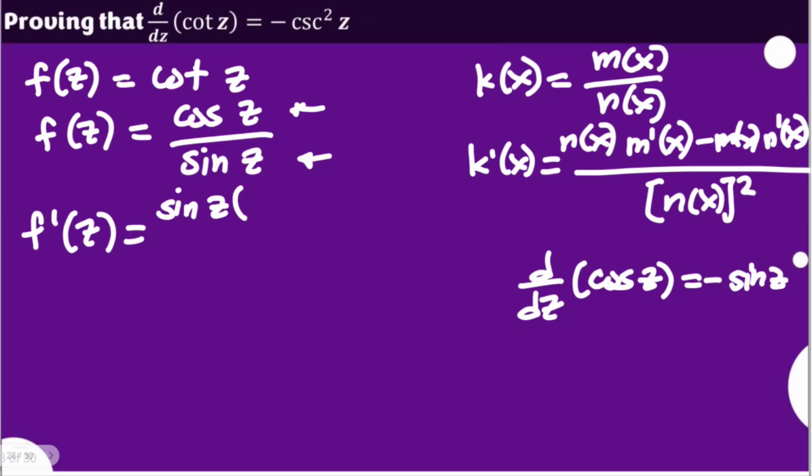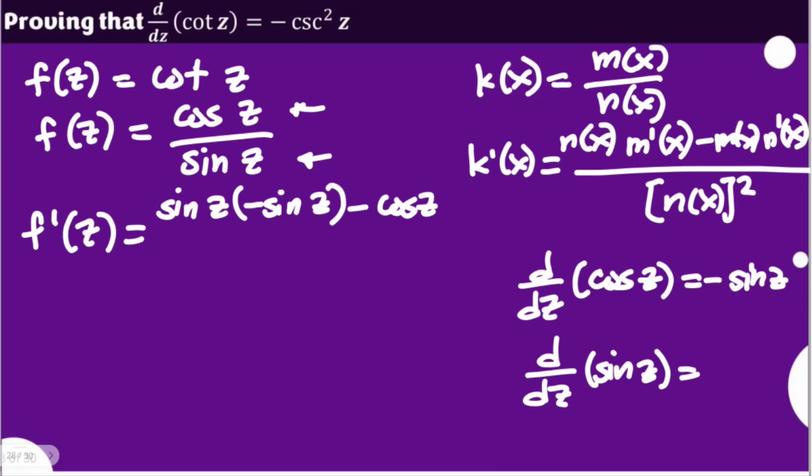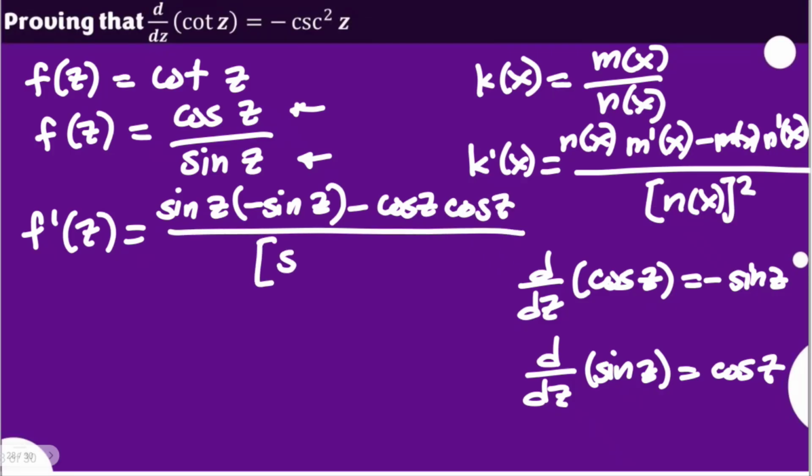So times negative sine z, minus the numerator, which is cosine z. What is the derivative of our denominator? Being sine z, we know this to be cosine z, also proven in the previous videos. So you have your cosine z all over the square of your denominator, which is sine z.